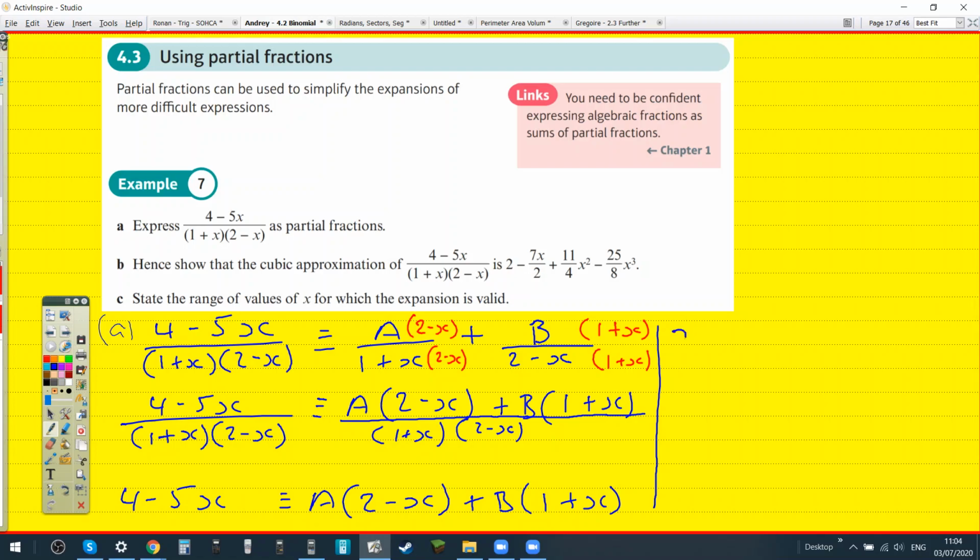Minus 2. Just 2, sorry. And then that would give minus 6 equals 3b. Mm-hmm. And then b is equal to minus 2.